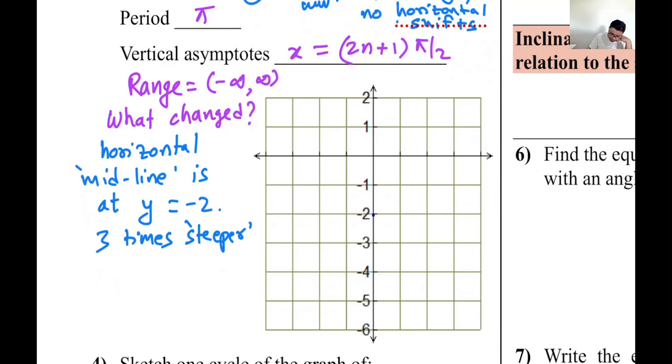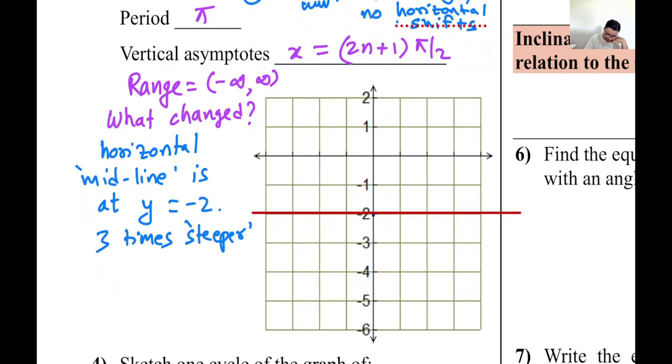So the new horizontal baseline is here, at -2. And actually I should not do dotted for that. Let me do solid. This is your midline, and your asymptotes are still at odd multiples of pi over 2.